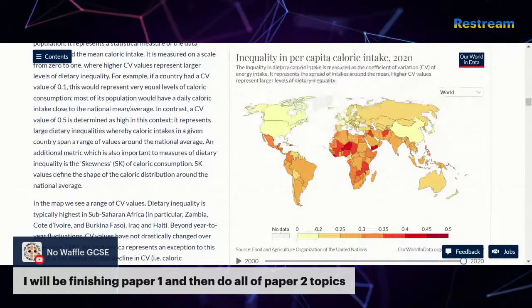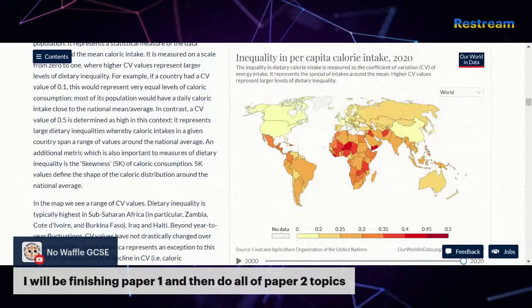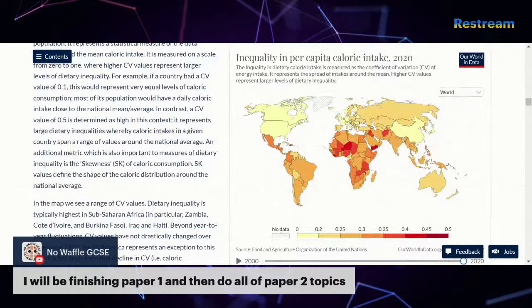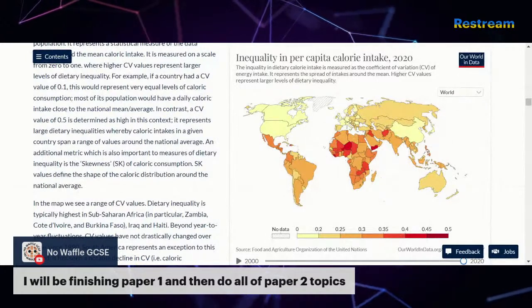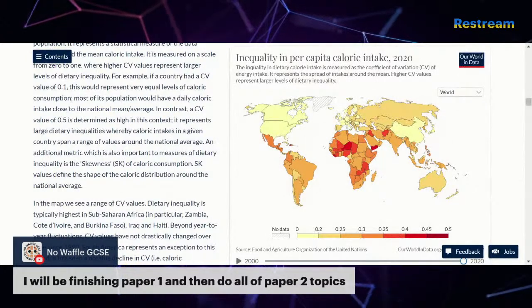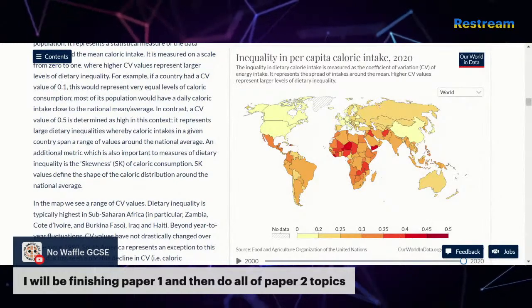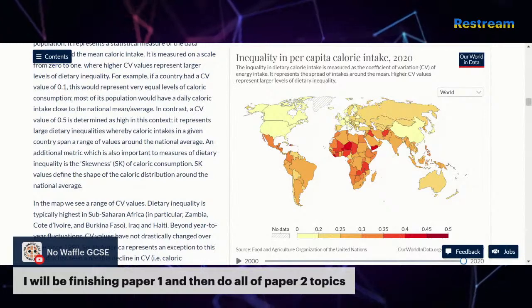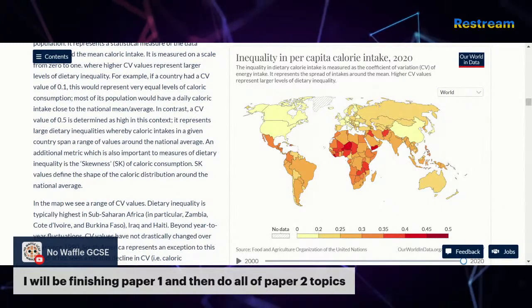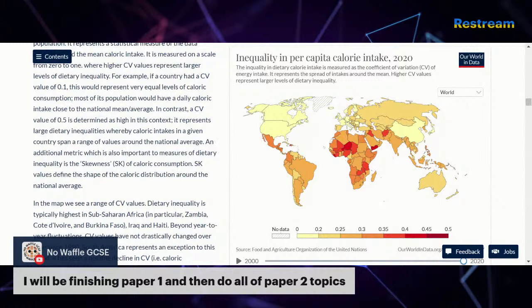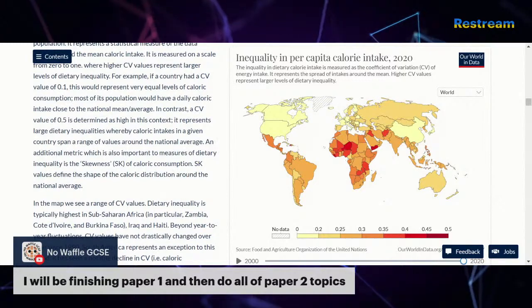Food security is when people are able to eat enough nutritious food that they can stay healthy and active. Food insecurity is when you can't get enough food to stay healthy and active. Globally, food consumption is increasing, and it's because of two main reasons.